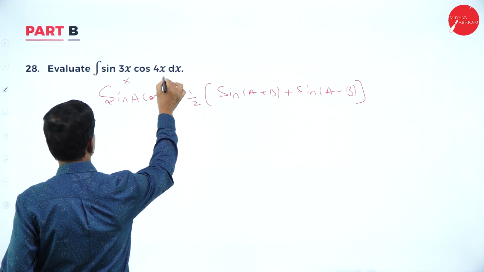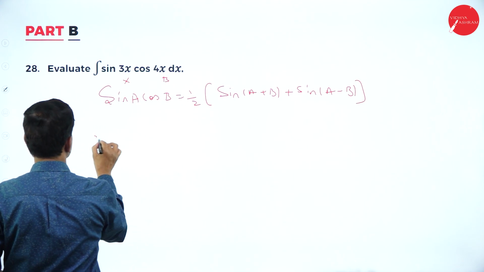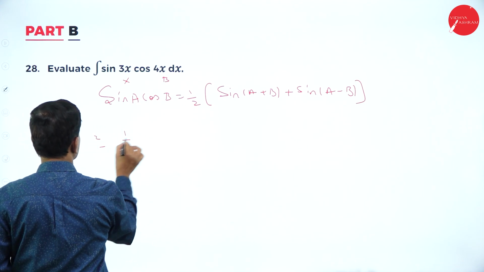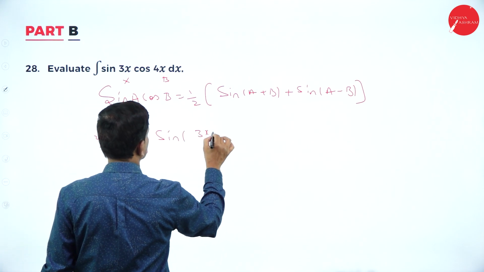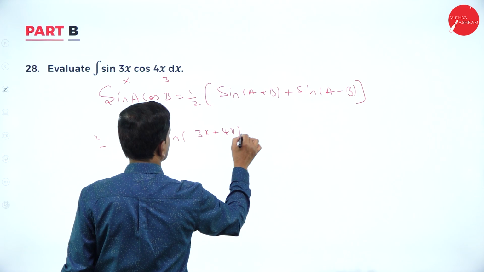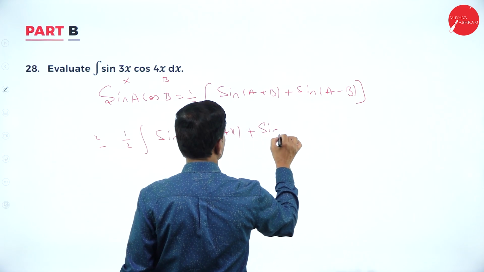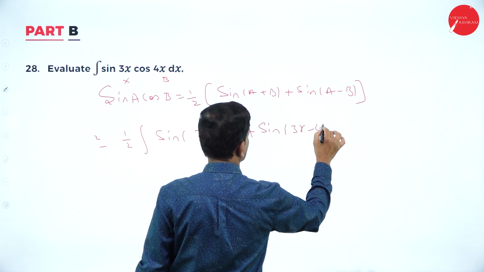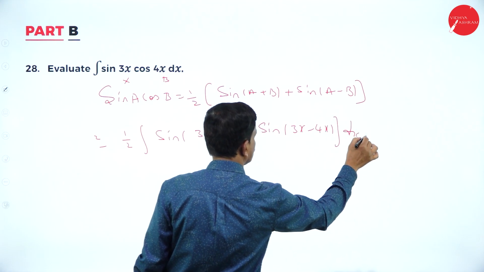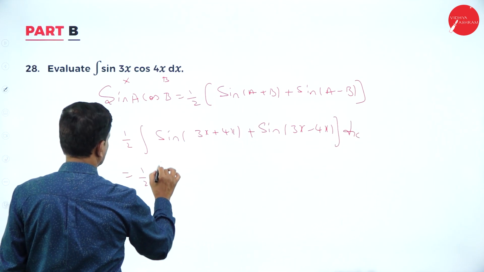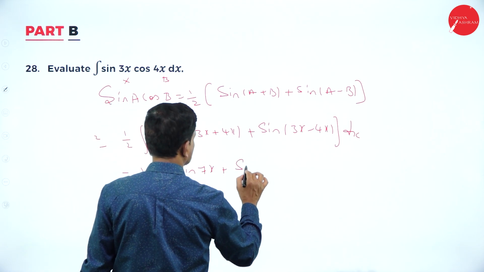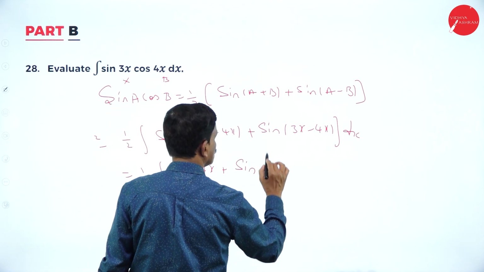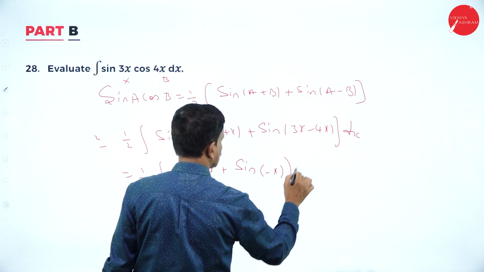A is 3x, B is equal to 4x. So this is half into the integral of sin of A plus B, 3x plus 4x, plus sin of 3x minus 4x, dx. Half into the integral of sin 7x plus sin of minus x dx.